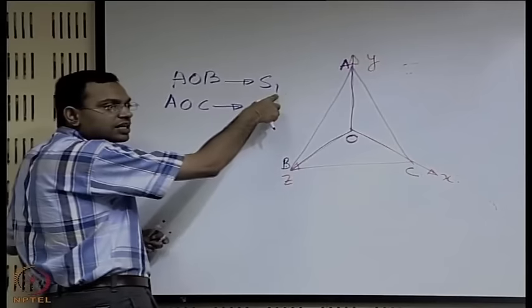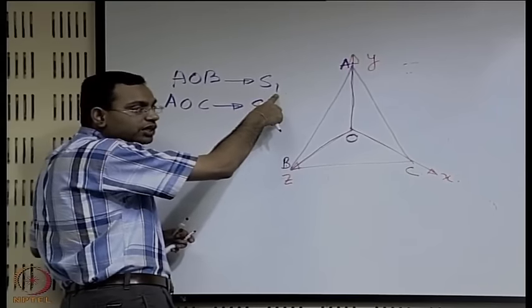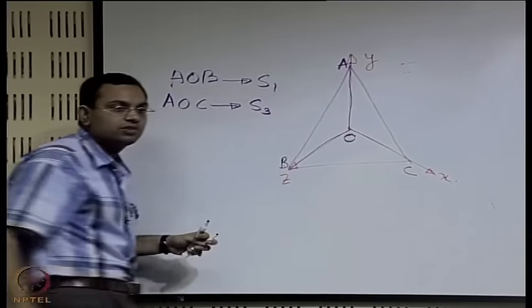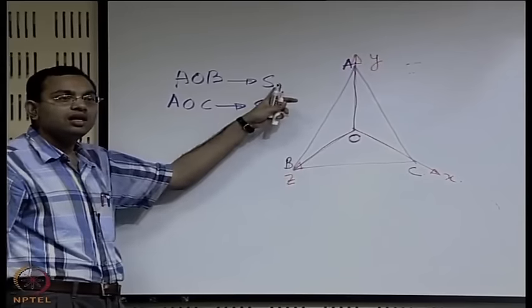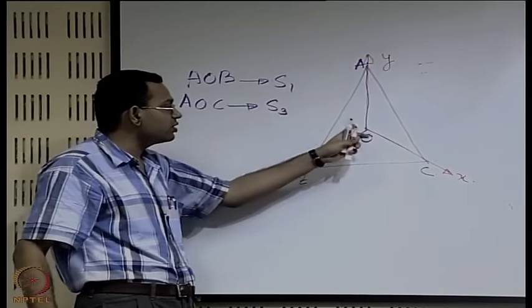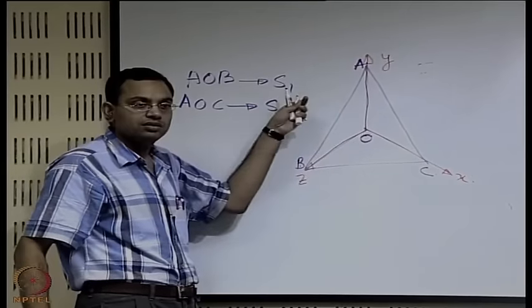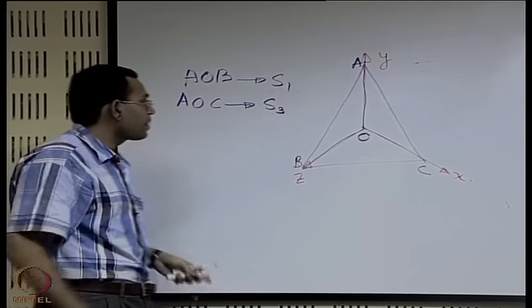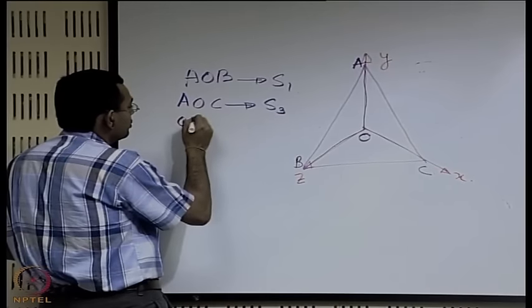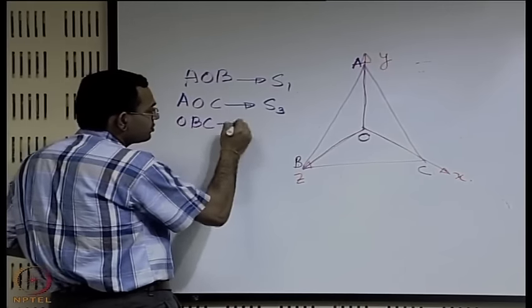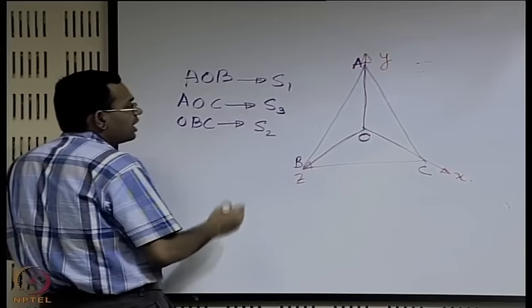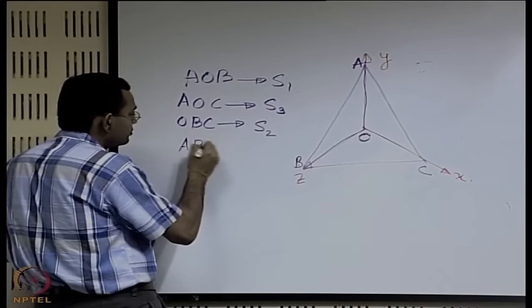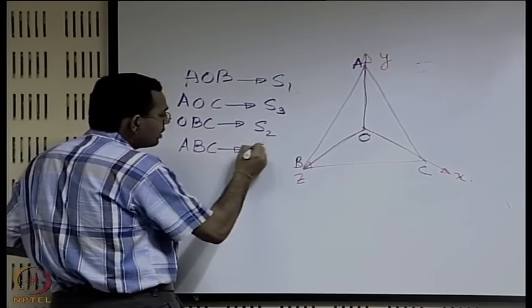Because this index we are trying to preserve for the direction normal of those surfaces. So, this one is for the fact that the direction normal of this AOB is along x. Similarly, this one is S2 and ABC, let us give it a name S.